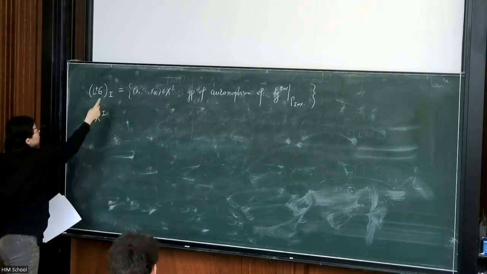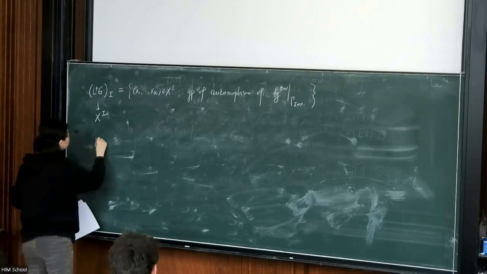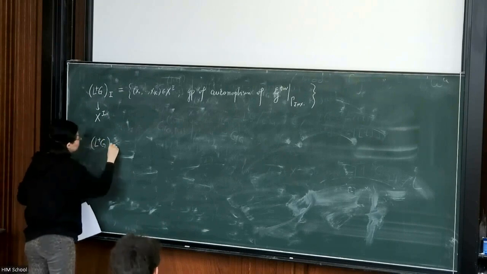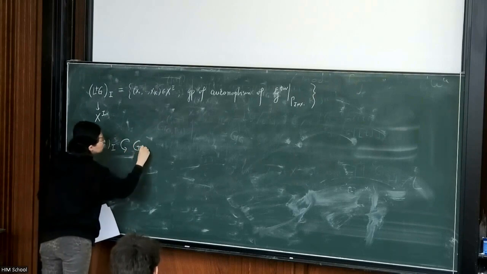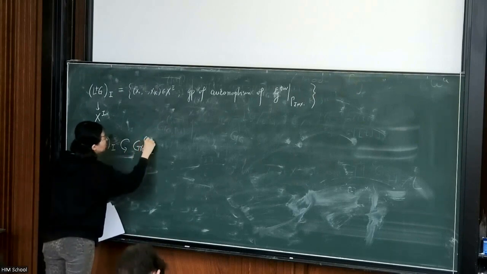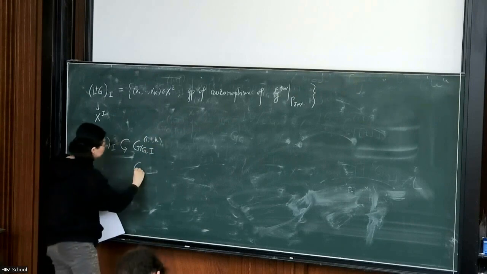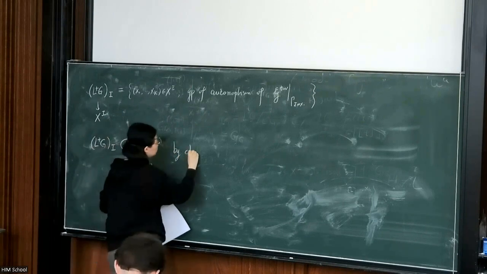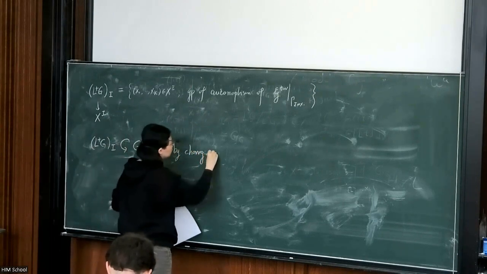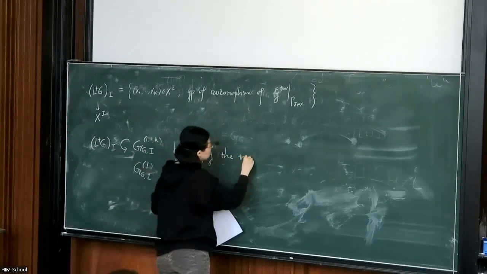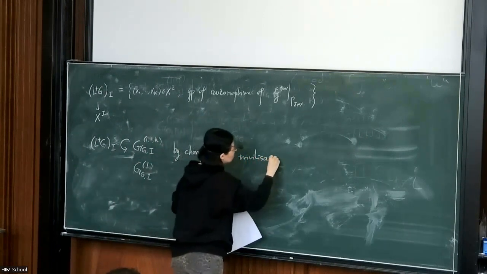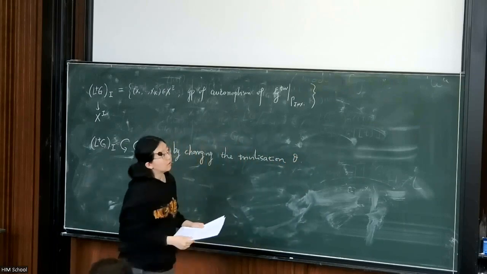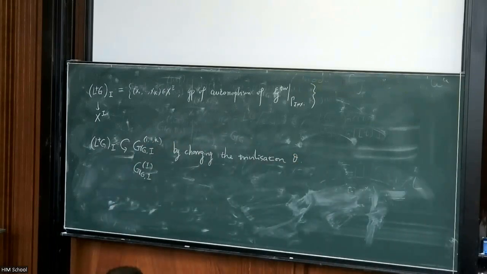So this is a family version of the loop group. It acts on the Beilinson-Drinfeld affine Grassmannian, any of this one, by changing the trivialization. Yes, so the action is by changing this thing.